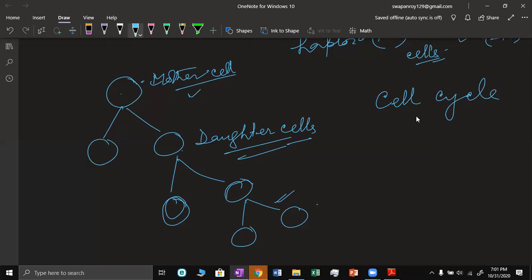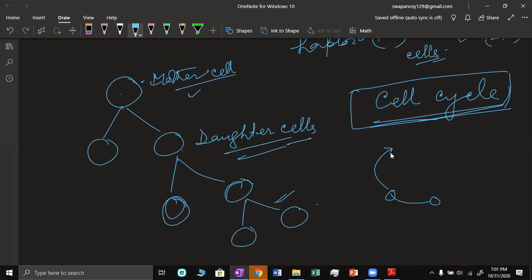So the process of cell division goes on in a cyclic way: the cell develops, matures and divides. Again, grow, mature, and divide. This forms the cell cycle.